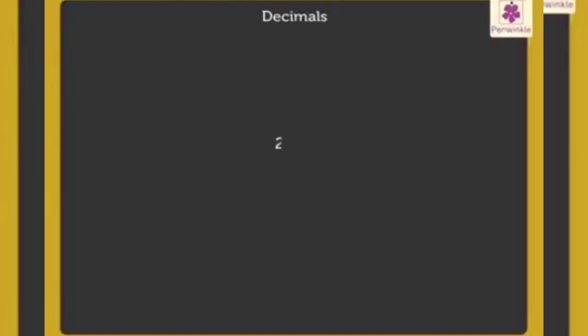A decimal number has 2 parts, one on the left side and other on the right side of the point. Let us see what these parts are. Consider the decimal 24.31. The dot in between 24 and 31 is called the decimal point.